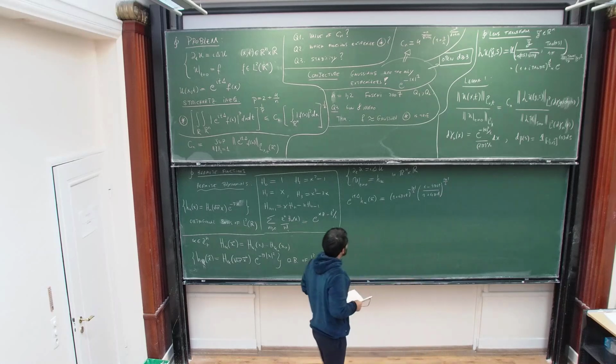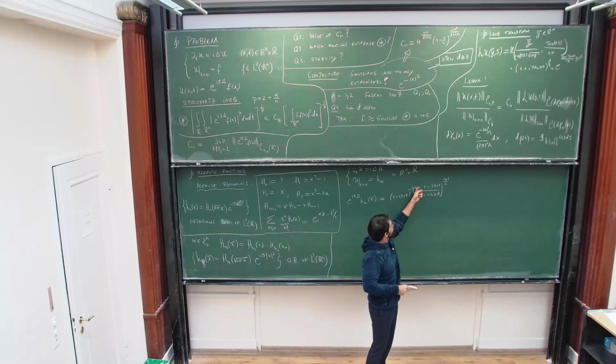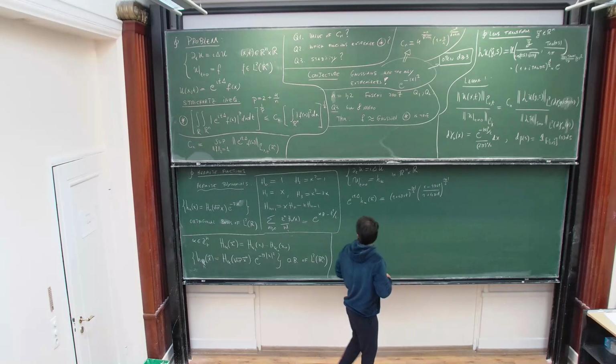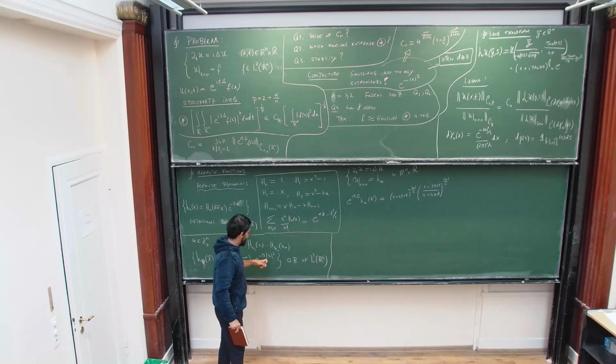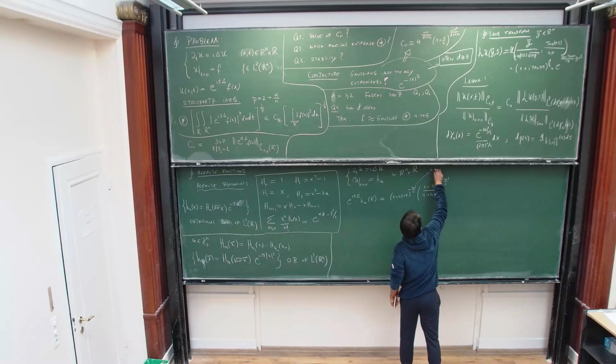And when it's understood to be a multi-index, this is just the sum alpha 1 plus alpha 2 plus alpha 3. But when it's a vector, like x, this is the Euclidean norm. Okay, just to not confuse both norms.